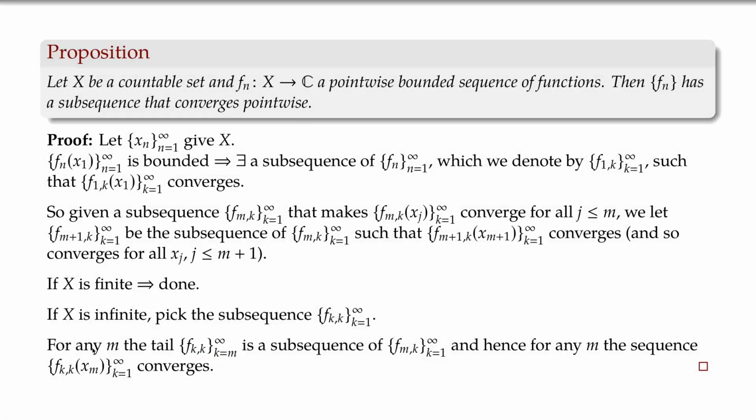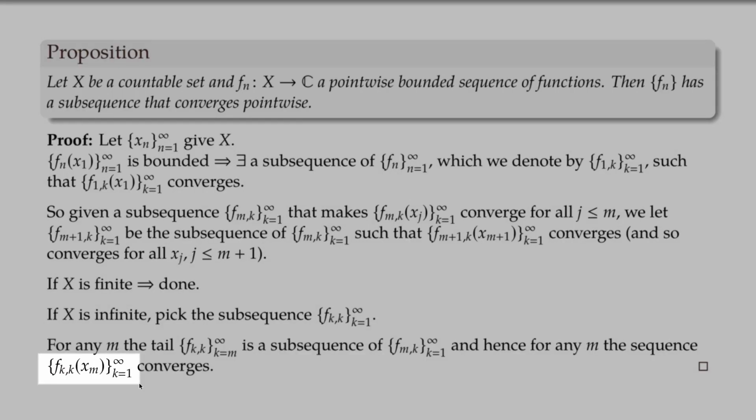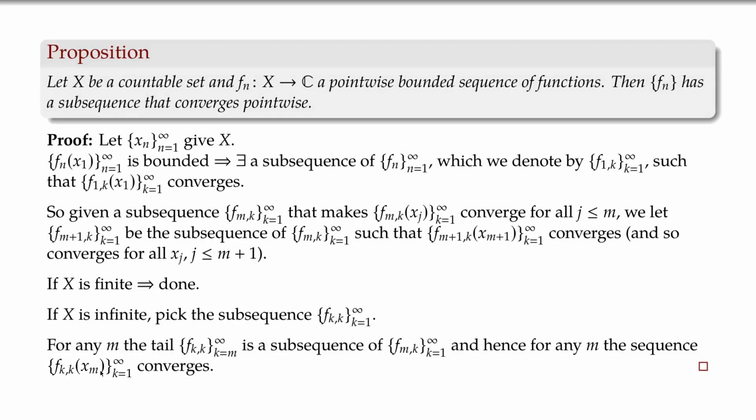So we have a sequence such that f sub kk converges at any x sub m. Now we have a subsequence of the original sequence that converges pointwise, which is what we wanted.